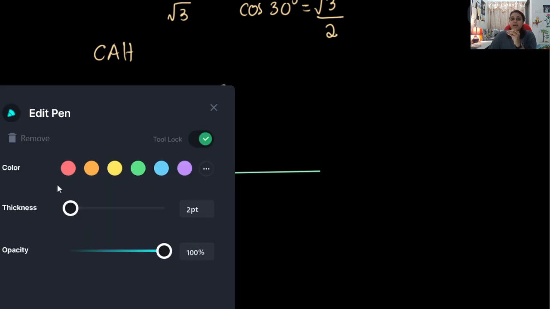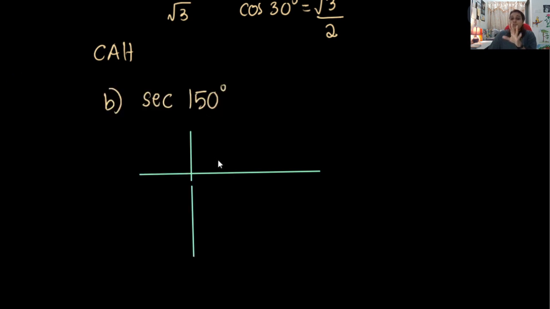Can I draw 150 here? 150, yes, I can draw 150. But can I draw secant 150? I cannot draw secant 150. So you must do some changes first. Change this first to the best friend. This is where you need to apply what we learned in 6.2a.